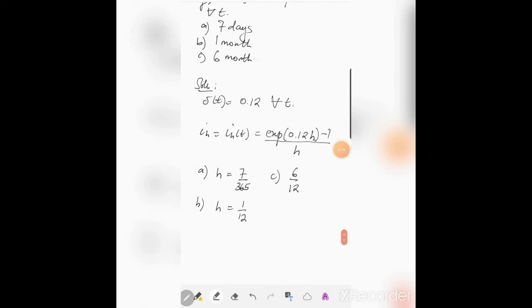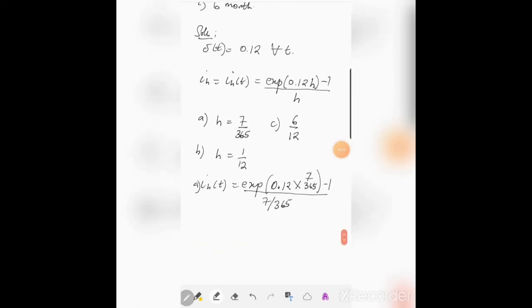Simply replace in i_h(t), where in the first instance we have the exponent of 0.12 times h, with h being 7 over 365, minus 1, everything over 7 divided by 365. So I'll leave you guys to find out the answers to this for parts A, B, and C.